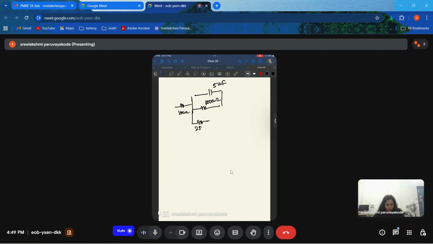This is 250 ohm. This is again 250 microfarad. This is minus 500 ohm. This is 100 microfarad. Okay. Now, what is the RT value? This is question number 13.